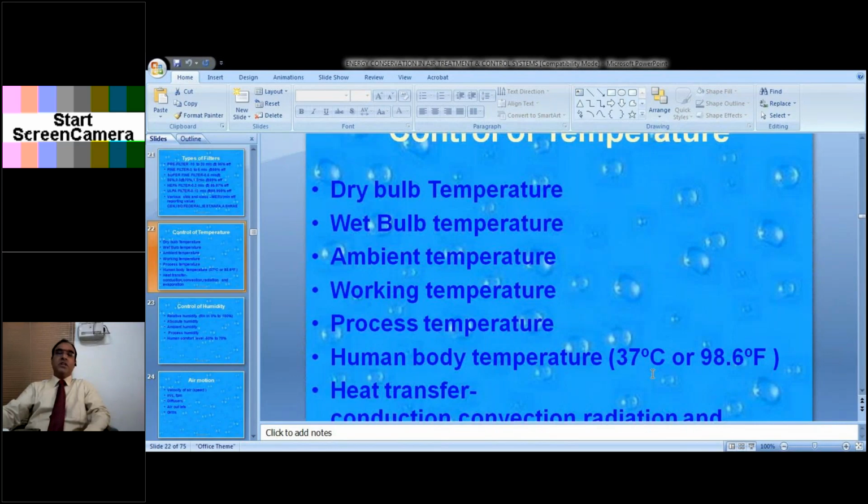Why do we need to control the temperature? What are the temperatures? You can see the dry bulb temperature, wet bulb temperature, ambient temperature, that is outside. Then working temperature, you need certain working temperature for the product or process. Then process temperature, human body temperature 37 degrees centigrade, you all know. There are different types of heat transfer: conduction, convection, radiation, evaporation.